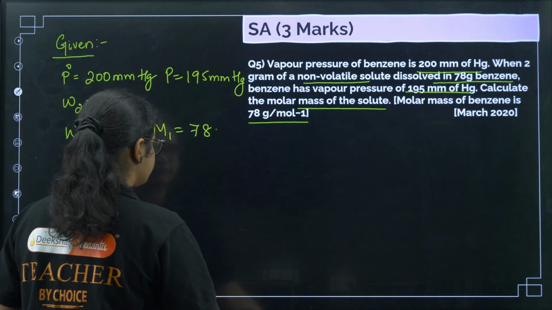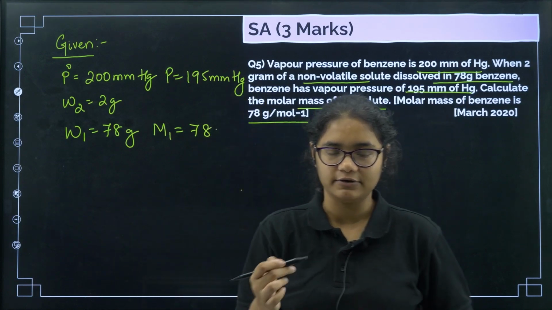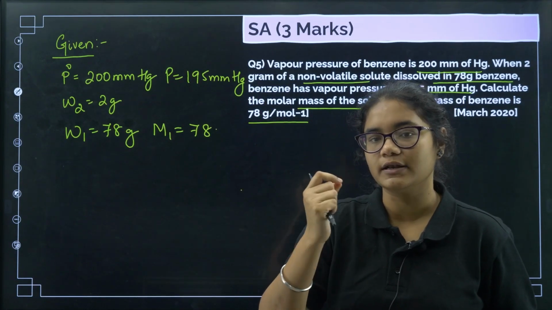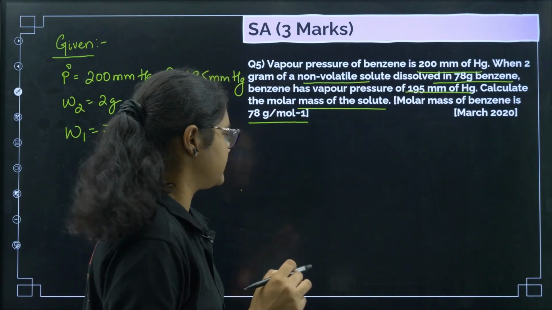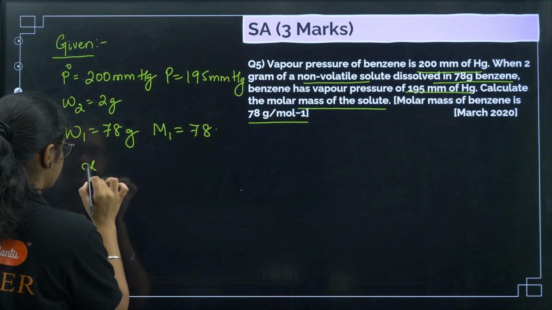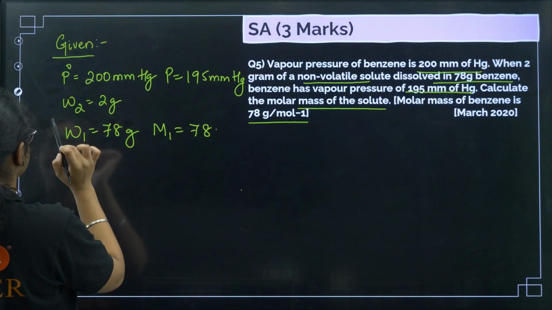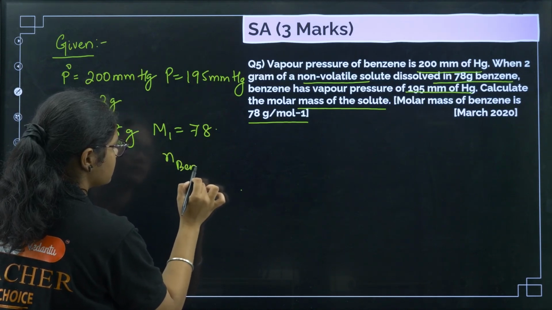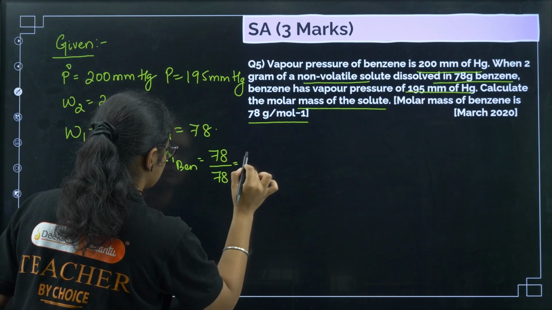First of all, here we need to do some pre-calculations, right? If you remember, RLVP is equal to XB, so we need to first calculate the number of moles of benzene. Number of moles of benzene is given mass by molar mass, so 78 by 78, that is equal to 1.